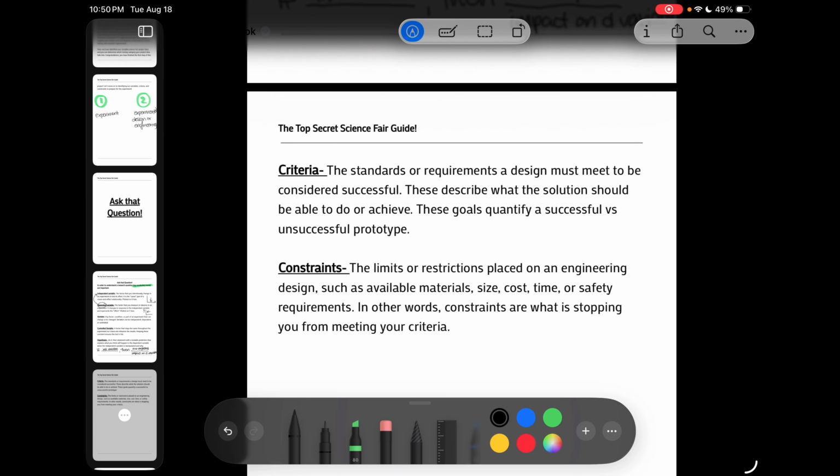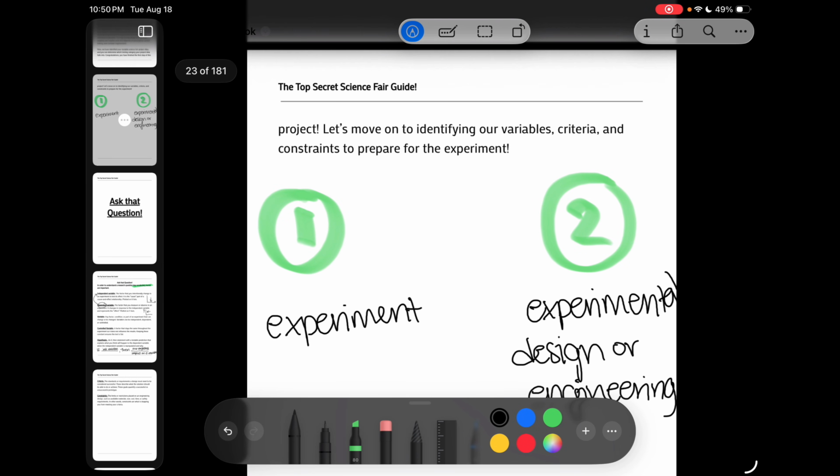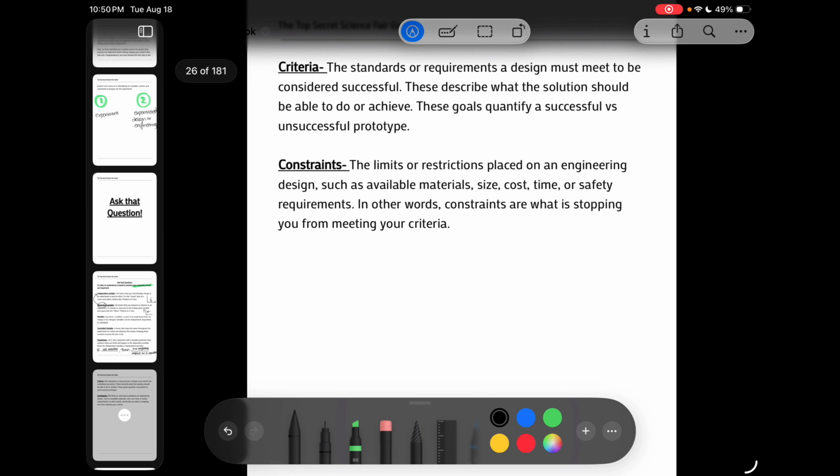Do you remember how up above on this page we talked about you can either do an experiment or do an experimental design or engineering project? So a hypothesis applies in an experiment. Before you actually do the experiment, you come up with an educated guess, that if-then statement, to see what you think is going to happen and then do research about why. And then later on in the experiment, you can prove if you were correct or not.